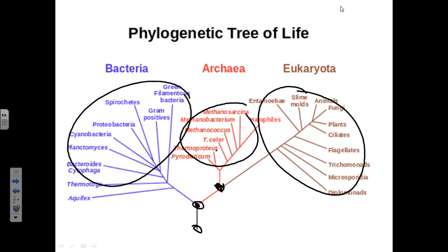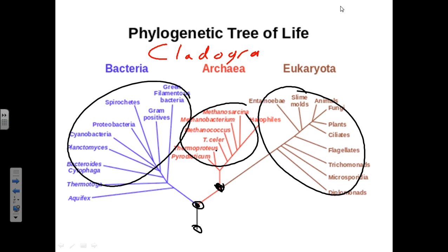A couple of other things to remember. The further back and toward the left something is, what does that typically mean? The older, in terms of evolution. The closer two branches are on a tree, that tells you what? The more closely related they are. So you'll see phylogenetic trees like that. You might occasionally also see them called cladograms.